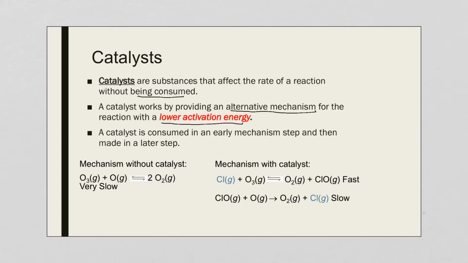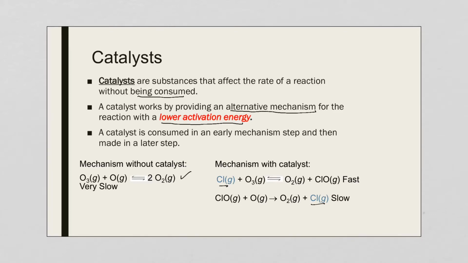Because while ozone can break down into oxygen gas, it's a very slow process. Now, if a catalyst is provided, and the catalyst that we believe is responsible for breaking down ozone in the atmosphere is chlorine, Cl, right?